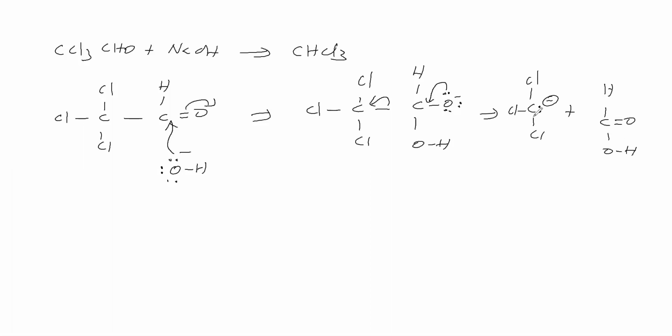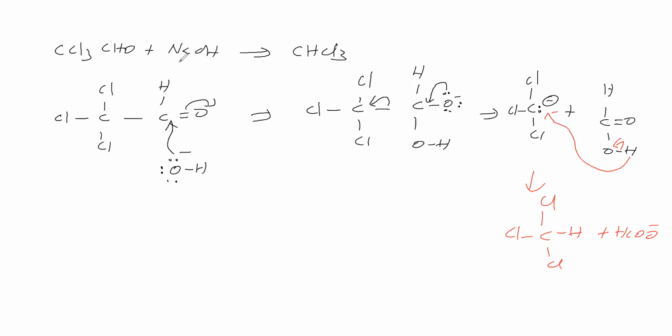It is formic acid. The carbanion is a stronger base. It is an acid, therefore H plus is transferred to this place. Therefore, it becomes chloroform. This is the formate anion. This formate anion takes Na plus and becomes sodium formate.